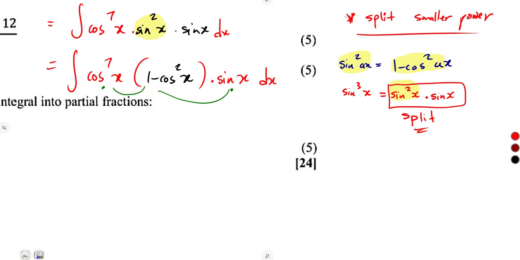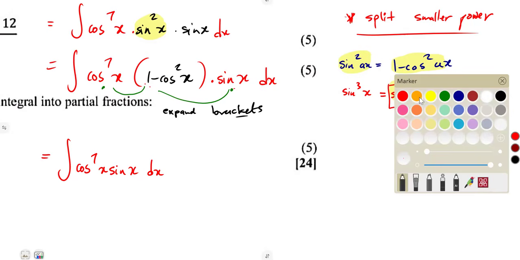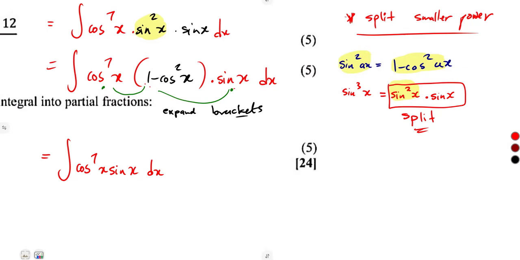Let us expand brackets here. So this is going to give us cos times 1, that's cos to the exponent of 7x, sine times 1, that's a sine of x, with respect to x.